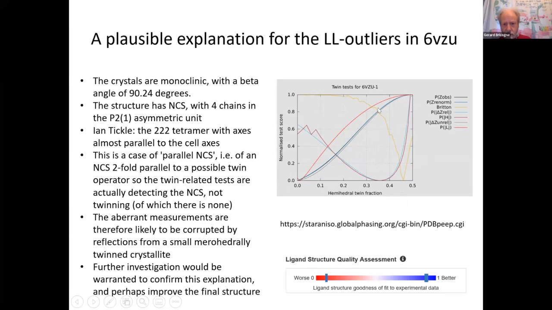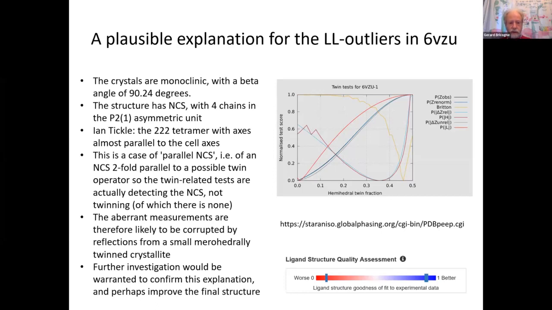The intensity statistics are perfectly untwinned, but some of the twinning tests that look at relatedness between potential twinning law axes are picking up NCS and interpreting it as twinning.